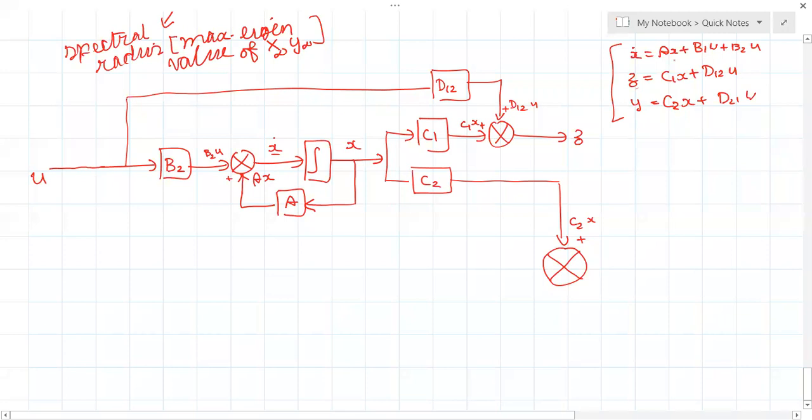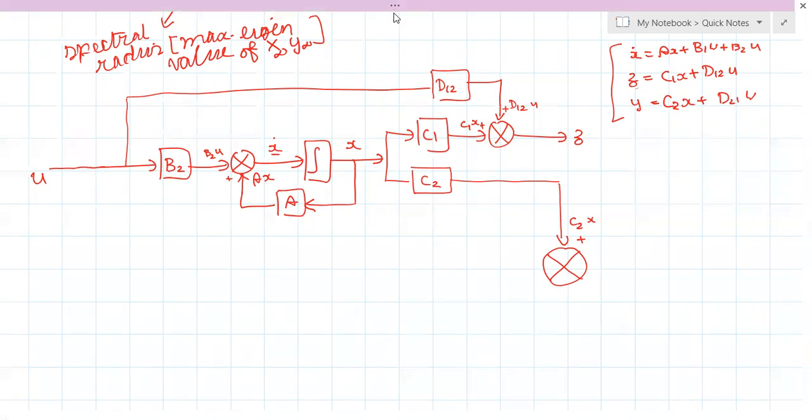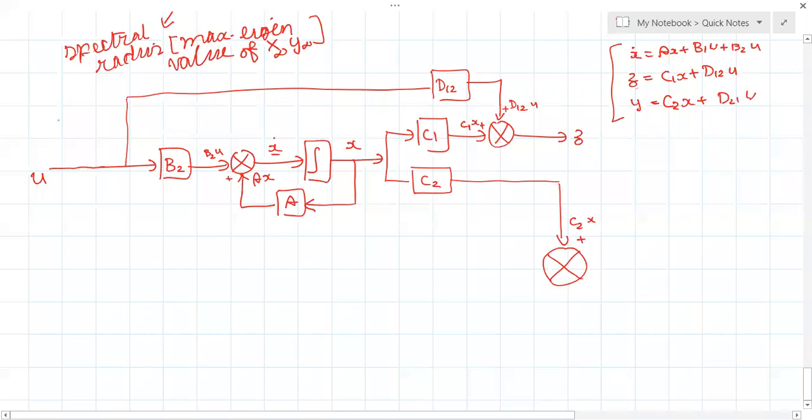The input here is Ax plus B2u, so there should be B1w. So there should be an input channel. This is w, and this is B1. If I add it here, I will get B1w. So my first equation is done: x dot equals Ax plus B1w plus B2u.